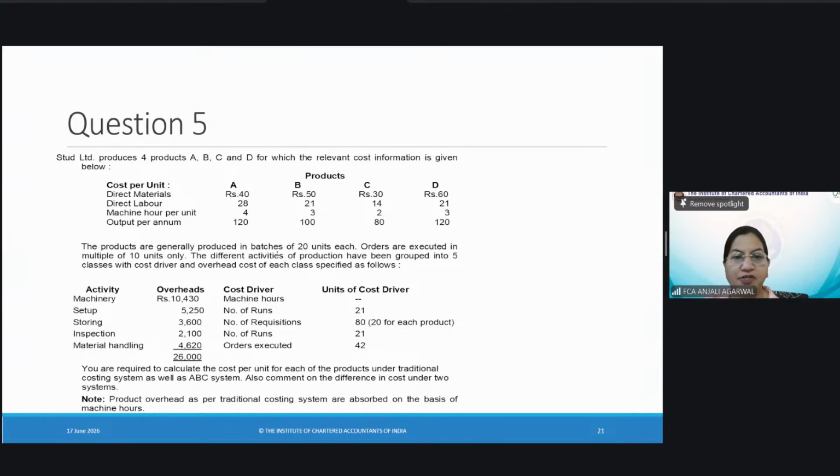The products are generally produced in batches of 20 units for all the four. So this will tell me how many batches were run for products A, B, C, and D, the batch size being 20 units per batch.